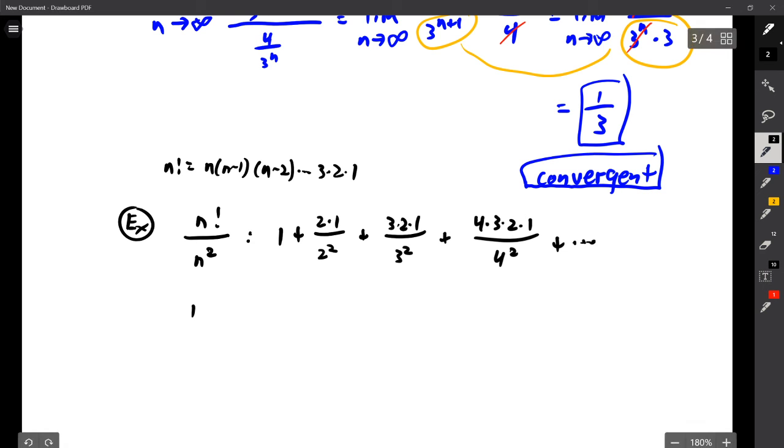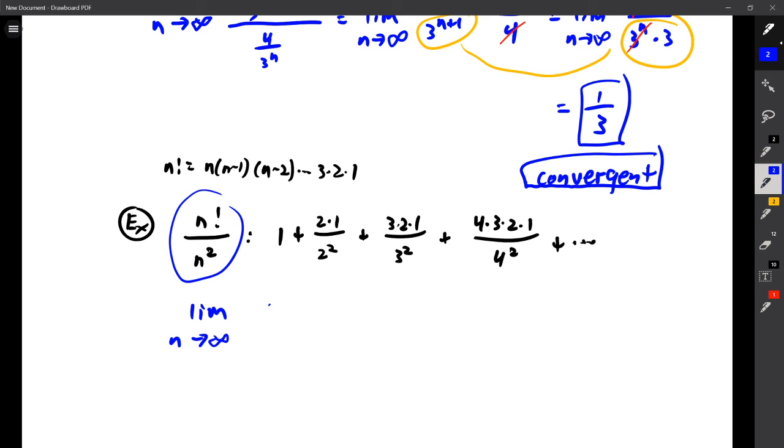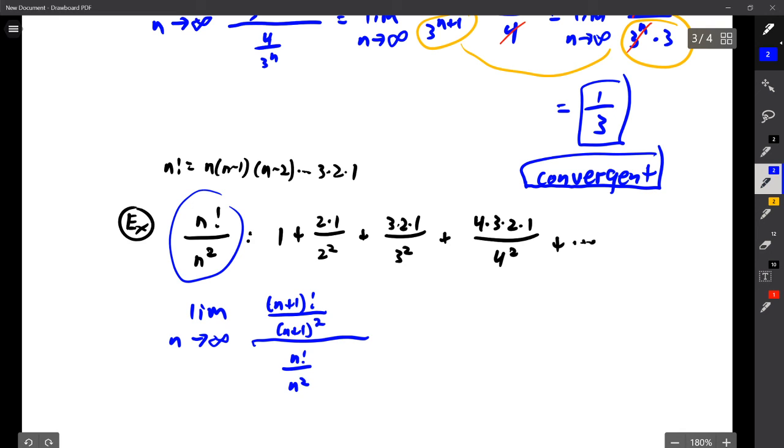So we're going to find the limit as n approaches infinity of, so the n plus 1th term is going to be taking my original, but plugging in n plus 1 where there's an n. So that's going to be n plus 1 factorial over n plus 1 squared, over n factorial over n squared.